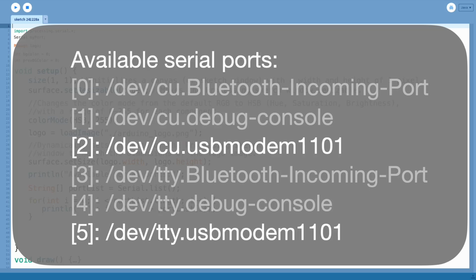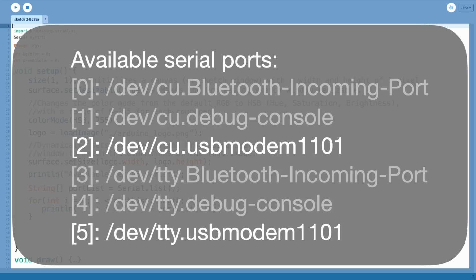Now the CU and the TTY, like I said, TTY is typically what you read in from. So it's likely that my Arduino board is either what I'm reading here at 2 or at 5. It is certainly a little hiccup, but those are the two that are most likely my Arduino boards.